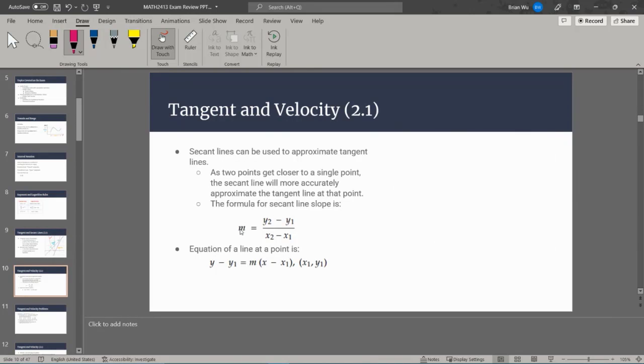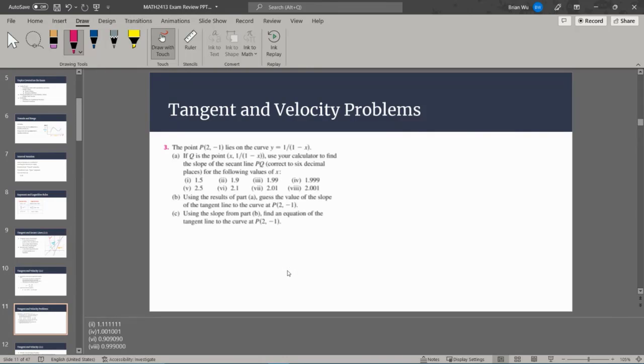You've probably seen the formula before: the slope is equal to the y value at the second point minus the y value at the first point, all over the difference between the two x values. On the exam, you're probably going to be asked to use the slope to form the equation of a line, and this is the equation here.